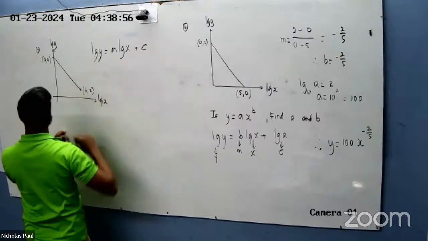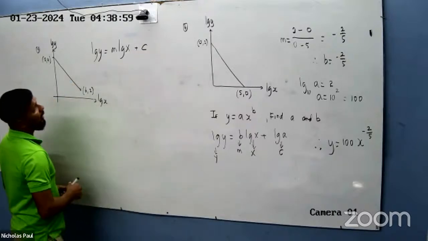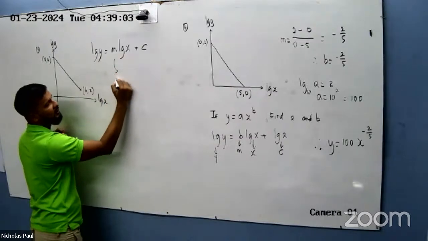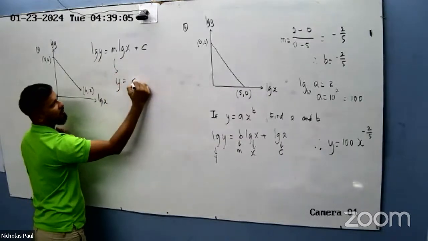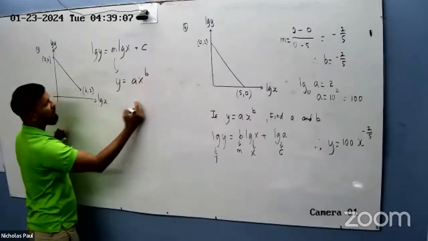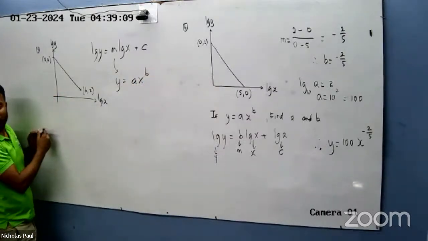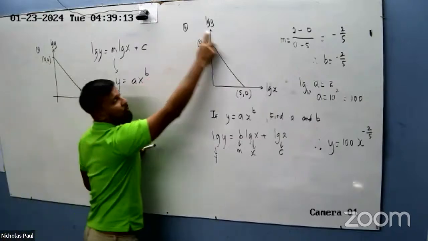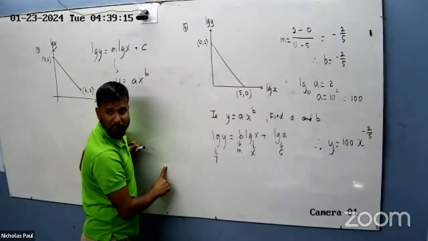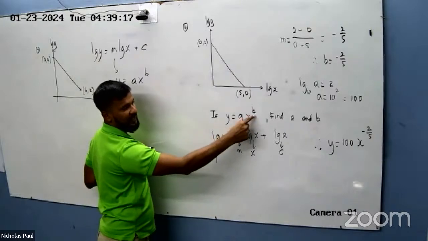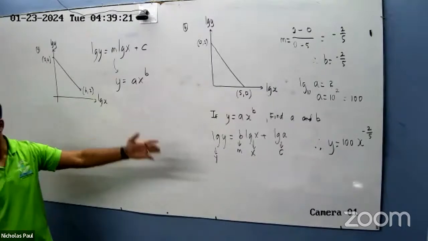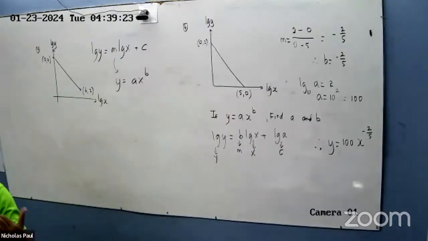But remember, this can be simplified. Same y and same x. So your objective is to find a and b, just like that example.